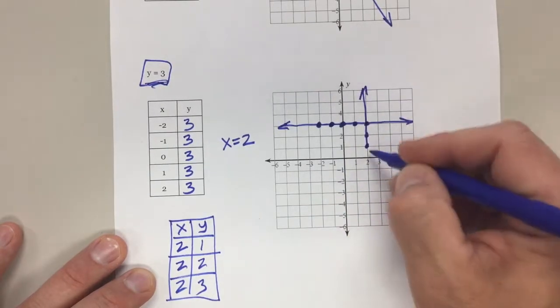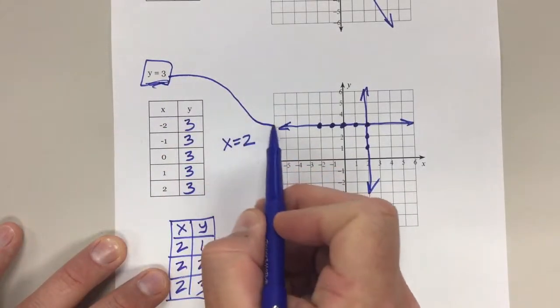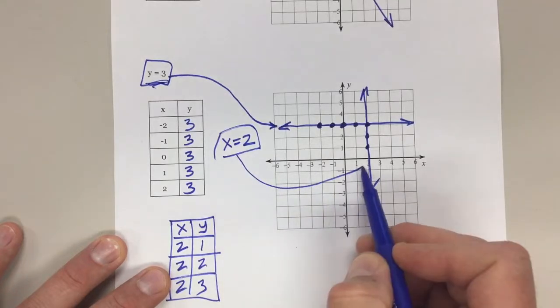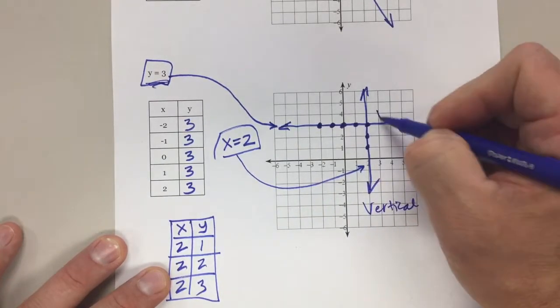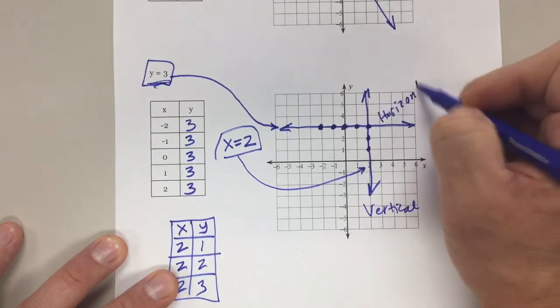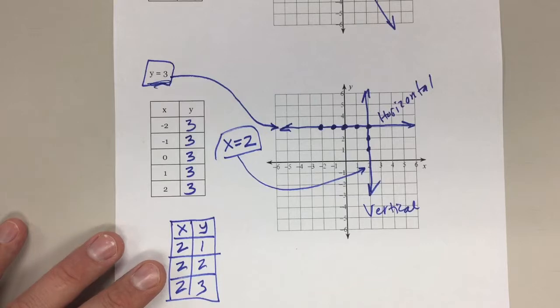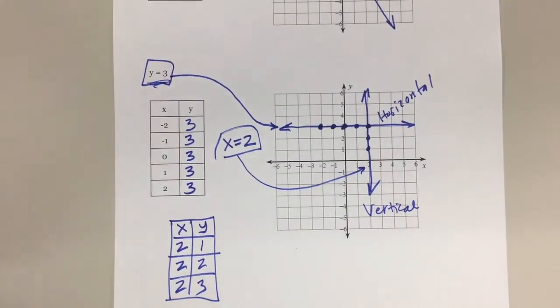Those are vertical lines. So y equals 3, that's a horizontal line. X equals 2, that's called a vertical line. And that'll always be the case. Now you'll try to do some t-table graphing on your own.